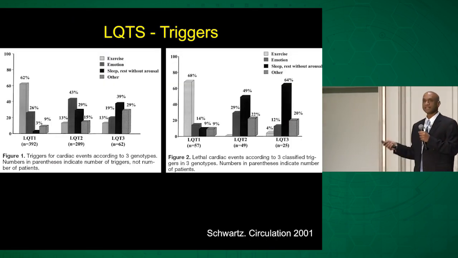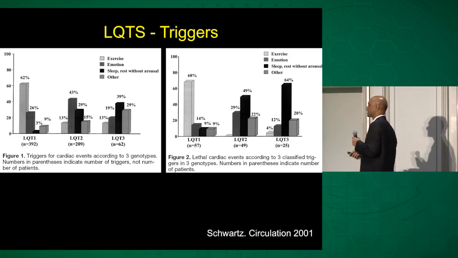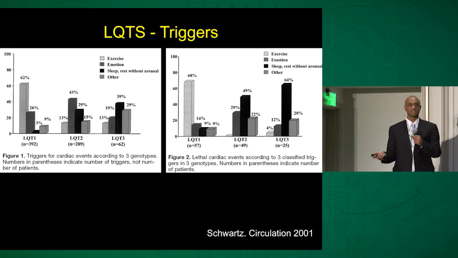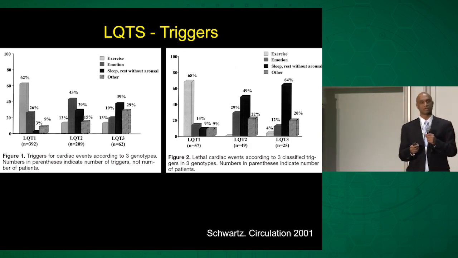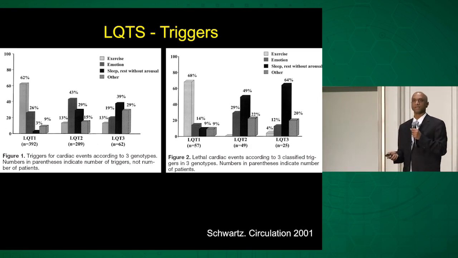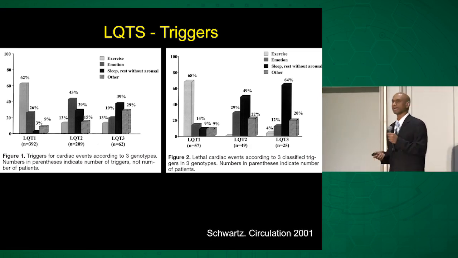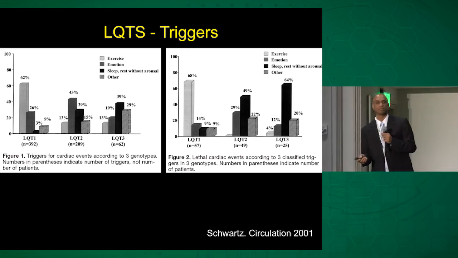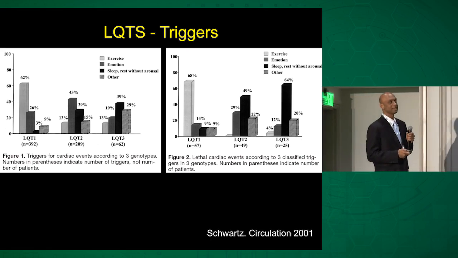With respect to the triggers associated with each of these types, long QT1 episodes are typically associated with swimming and exercise, whereas in long QT2, it's auditory and emotional stimuli that trigger these episodes. In long QT3, on the other hand, the episodes typically occur during sleeping and rest.